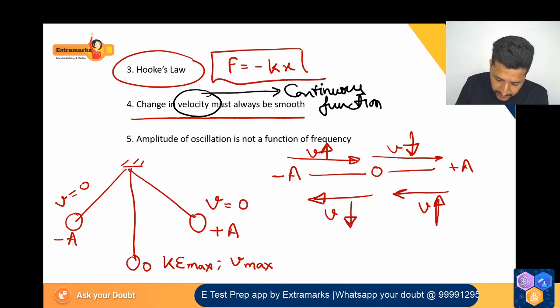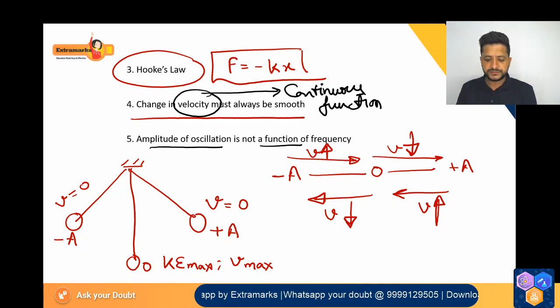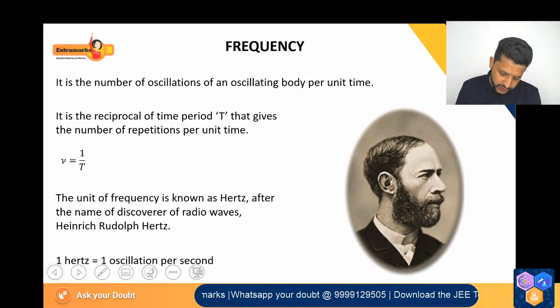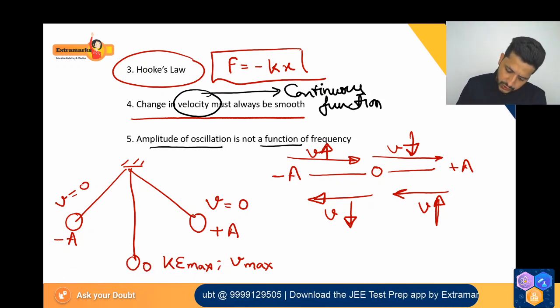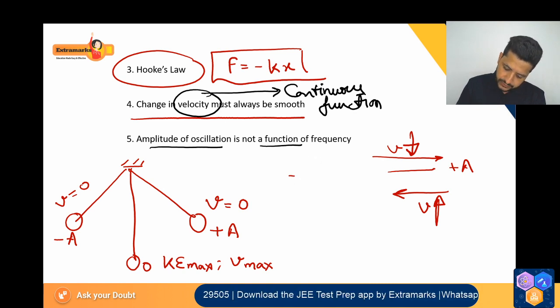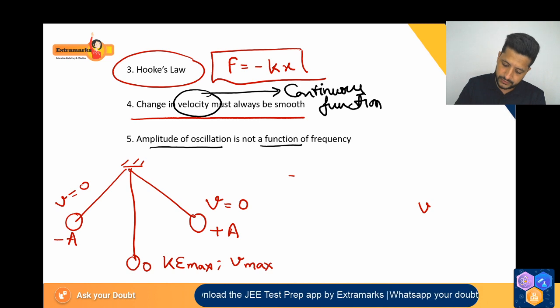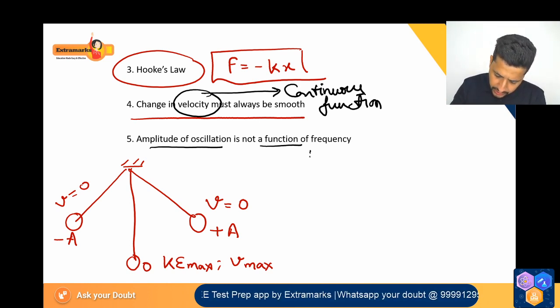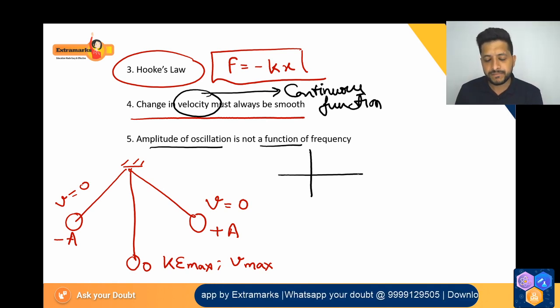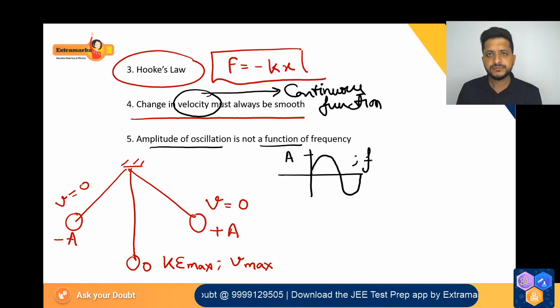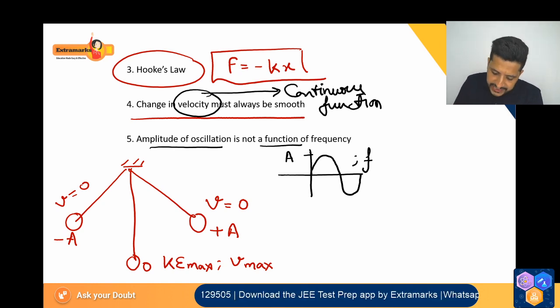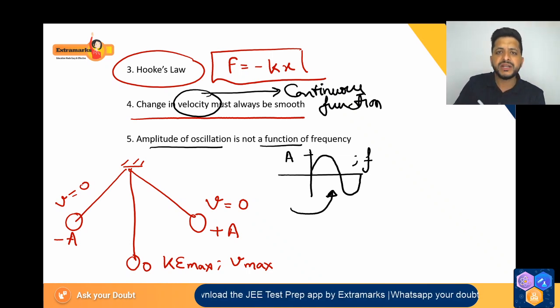Last point, amplitude of oscillation is not a function of frequency. Amplitude of oscillation is not a function of frequency. What does it mean? Let's see. It means simply, say there is a mathematical sinusoidal pattern, and its amplitude is A and its frequency is F. I supply some energy to this mathematical function or to a system being represented by this graph.